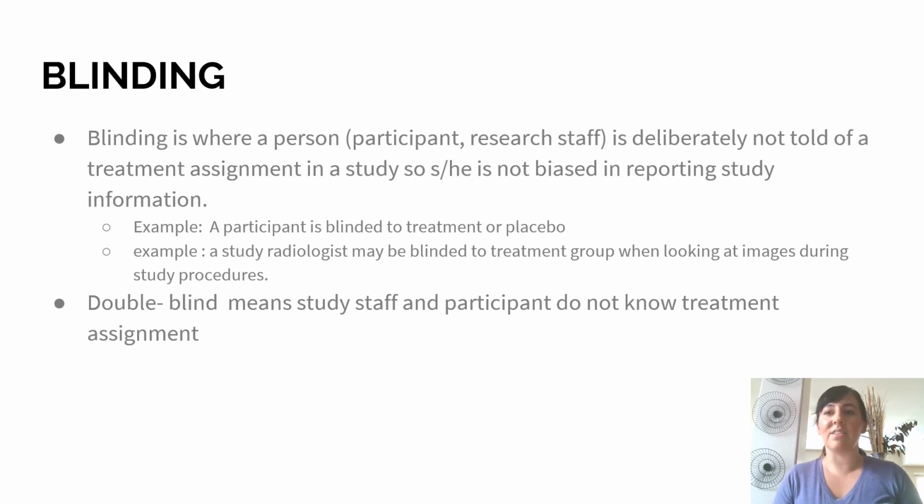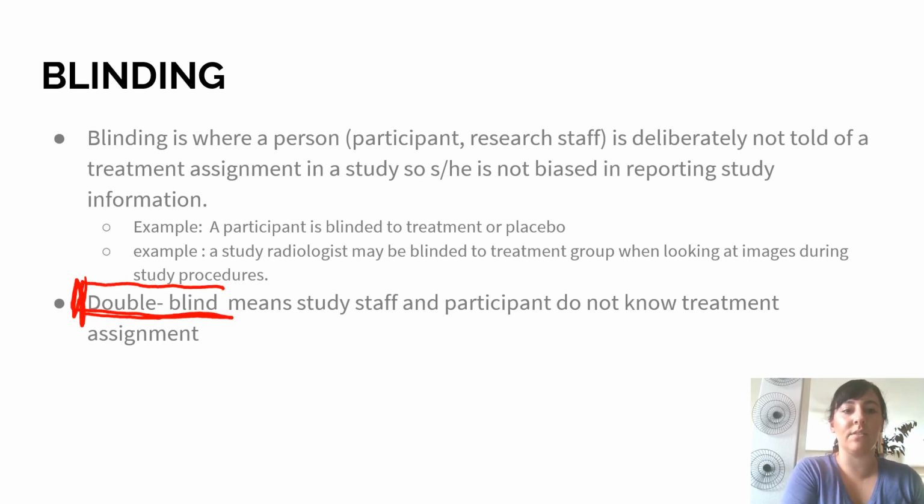So just for that reason, they're not going to tell them which group each participant falls in at all. So they don't know either. Okay. That's also blinding. All right.